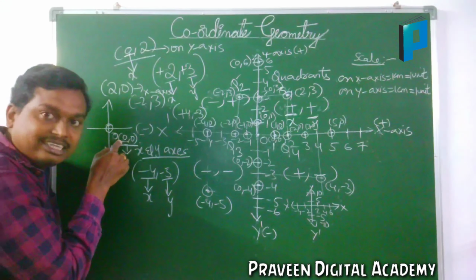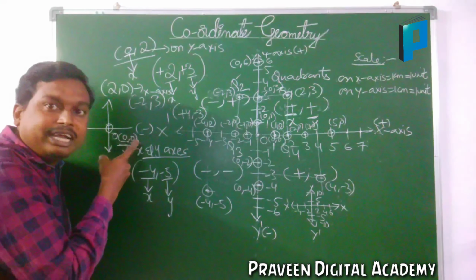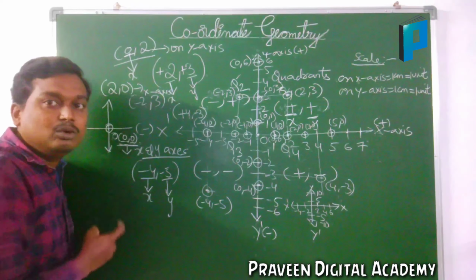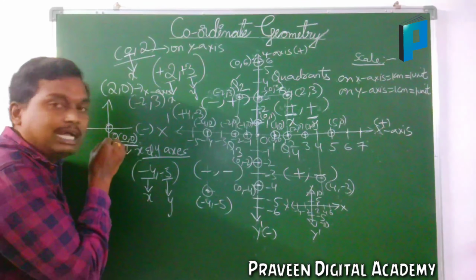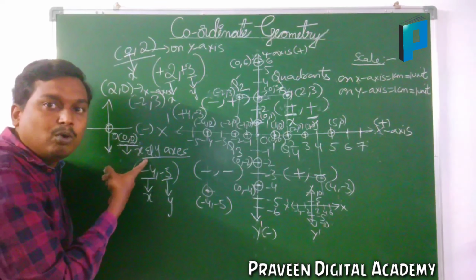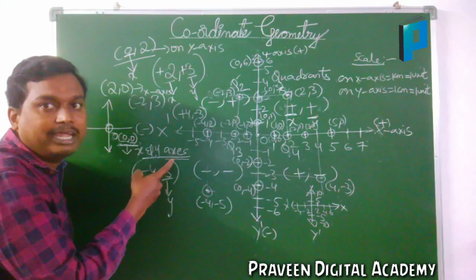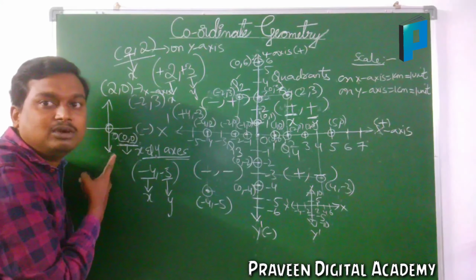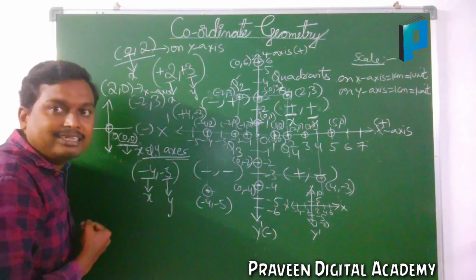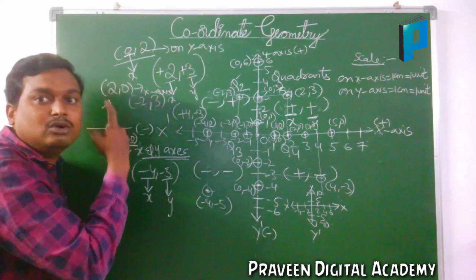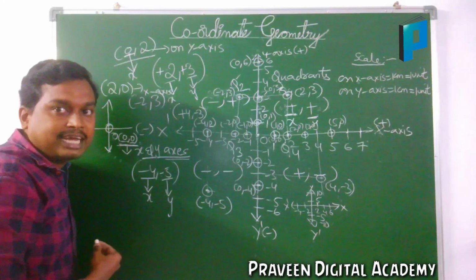Here we have x 0, y 0. It has both x and y as 0. So we can say the origin lies on both the x and y axes. Axes is the plural form here. If x coordinate is 0, the point lies on the y axis. If y coordinate is 0, the point lies on the x axis.